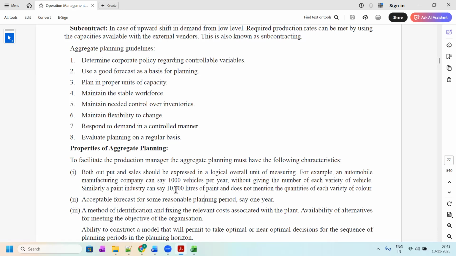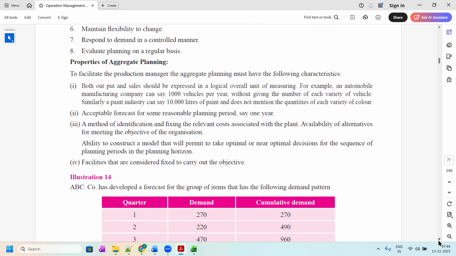Yes, sir. Then what are the properties of aggregate planning? It should be expressed in one logical unit of measuring, overall, not of a particular unit.